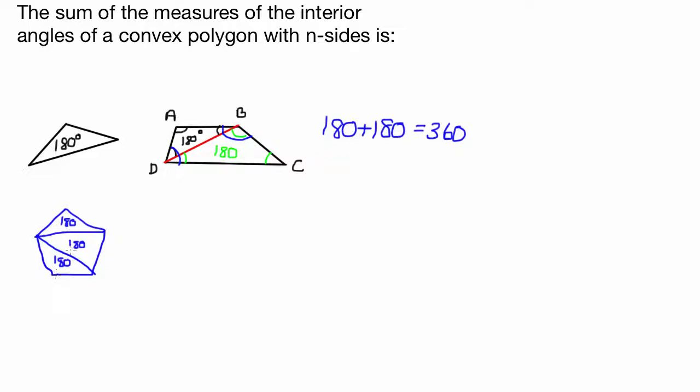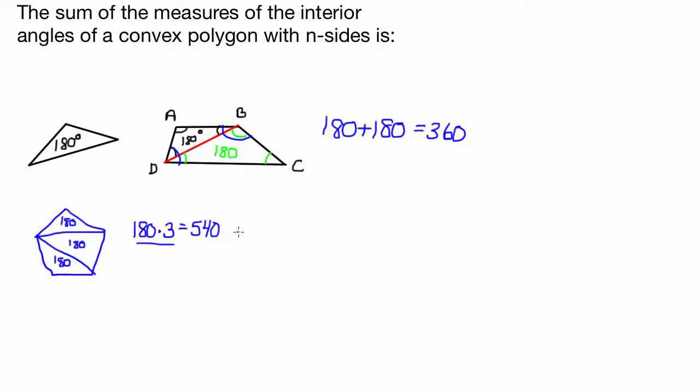So the sum of the measures of the interior angles of a pentagon is just going to be 180 times 3. So this will be 540. But I'm more focused on this aspect of it for now.